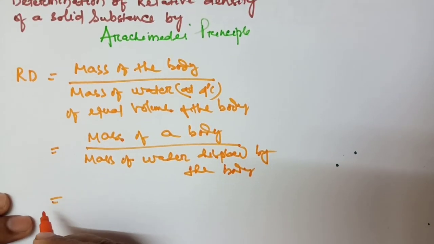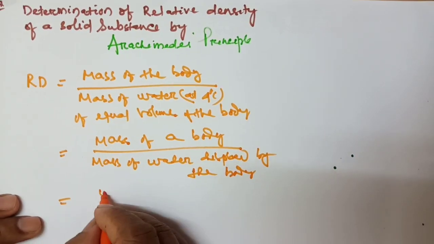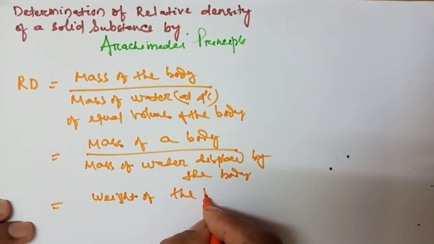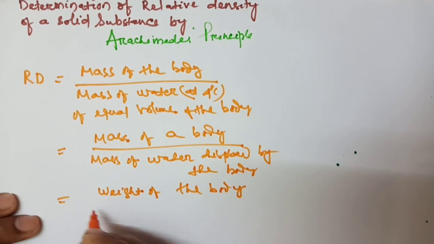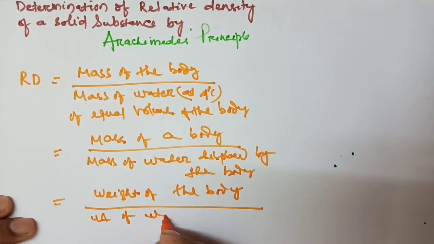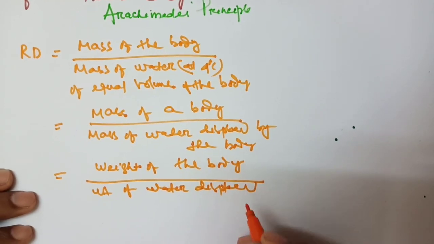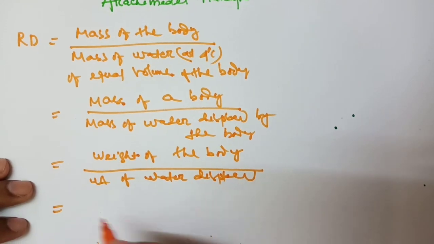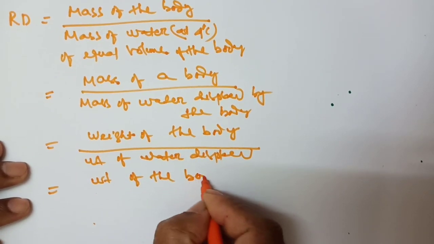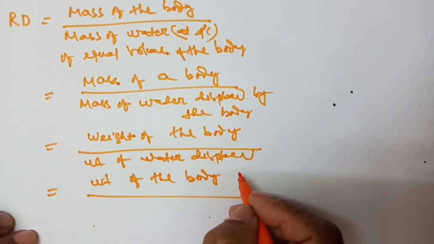So you can change that into another formula. Mass of body, you can write as weight. So, weight of the body by weight of water displaced. Now, how do we know the weight of water displaced?